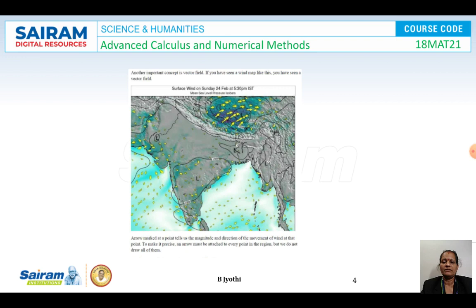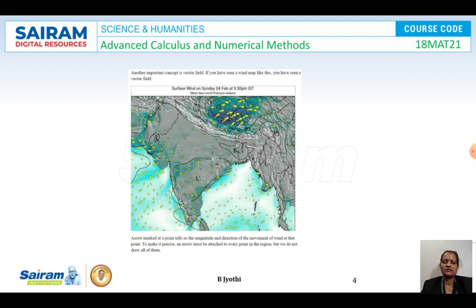Next example. Another important concept is the vector field. If you have seen a wind map like this, you have seen a vector field. The arrow marked at a point tells us the magnitude and direction of the movement of the wind at the point.